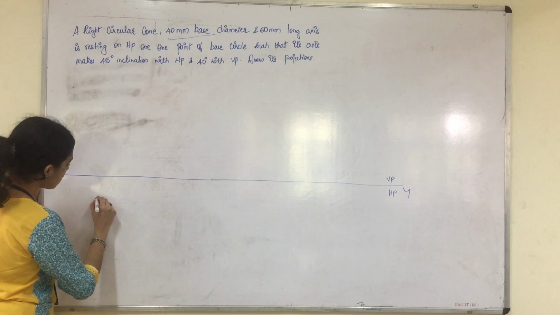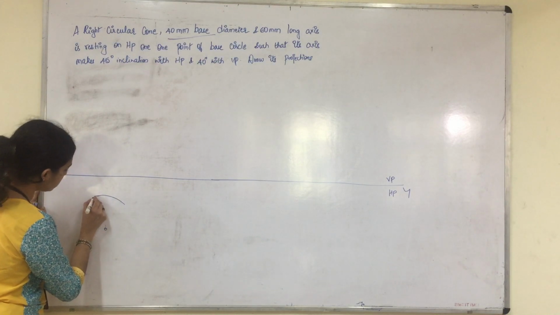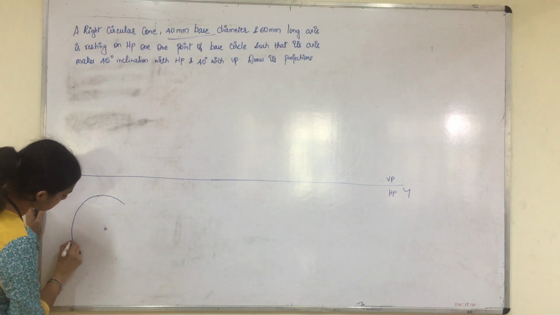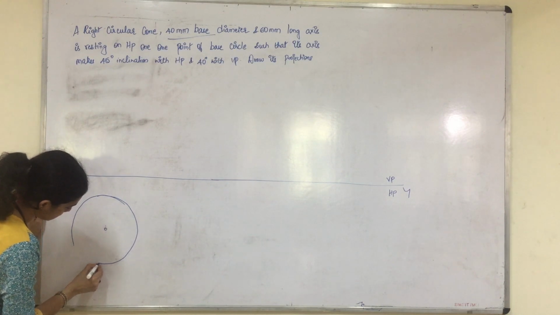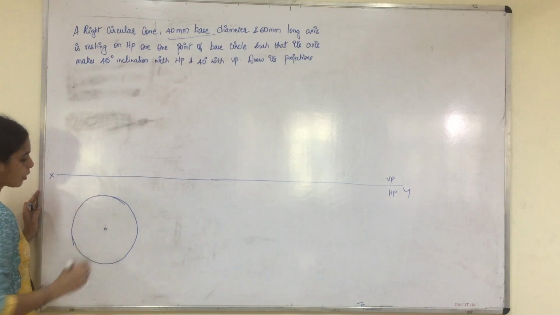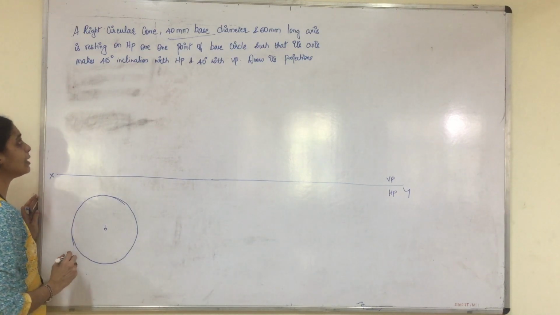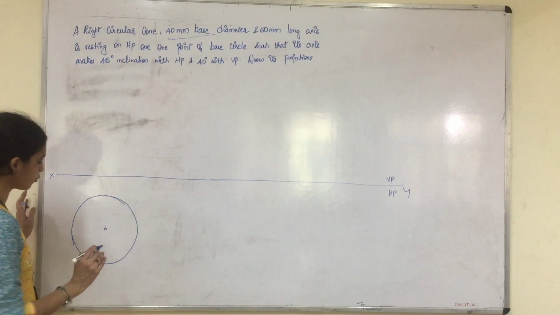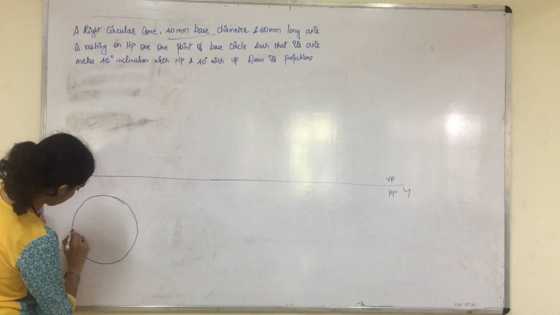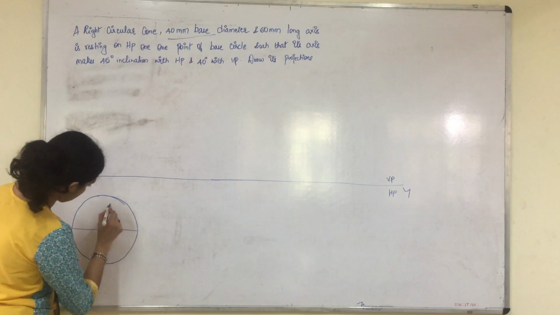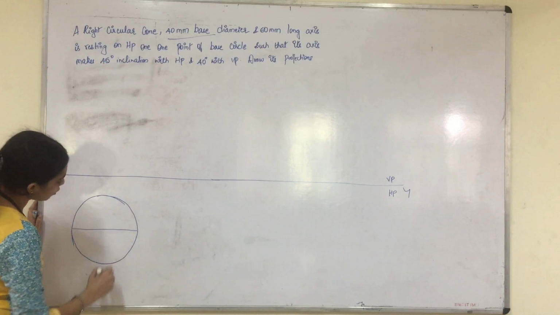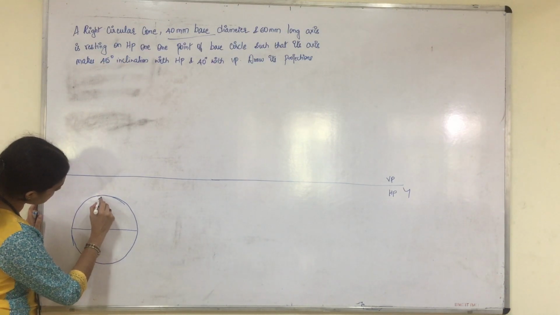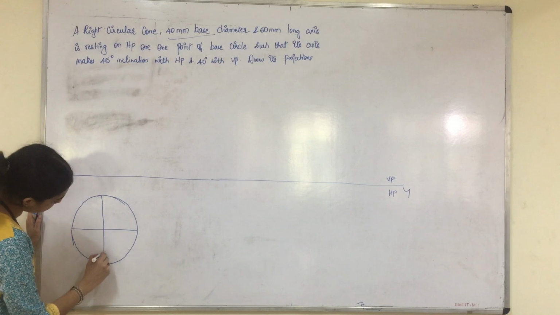I will draw a circle and divide this into 8 equal parts. Join a horizontal line, which will be the diameter. Any line you draw within the circle passing through the center will be a diameter.